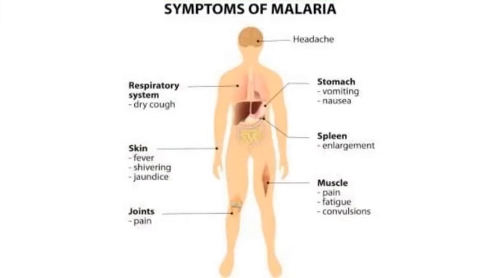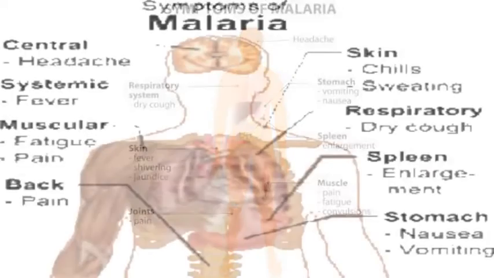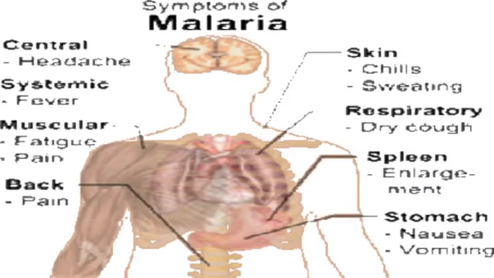Although rare in young children with severe malaria, acute respiratory distress syndrome occurs in 5-25% of adults and up to 29% of pregnant women. Co-infection of HIV with malaria increases mortality.